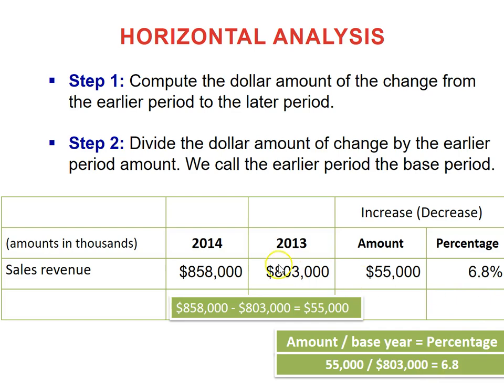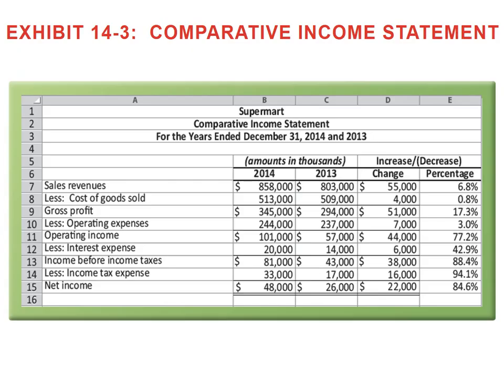That means from 13 to 14 your sales revenue actually increased by 6.8 percent. Now your sales revenue may decrease and you will find a negative number here, and in that case you will have a negative percentage that explains a decrease of your sales revenue. And this is how you can do your horizontal analysis.